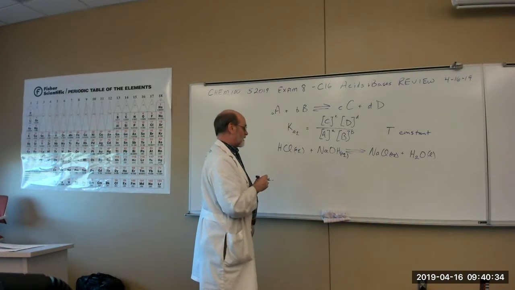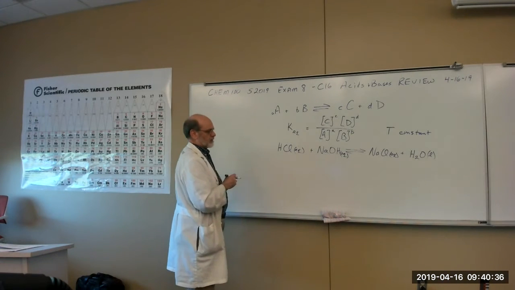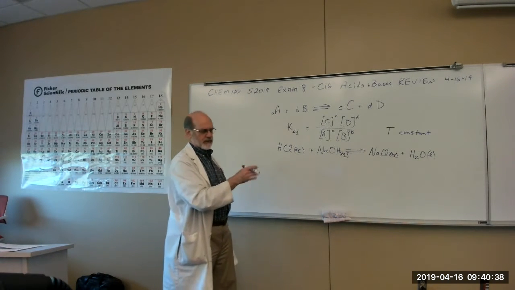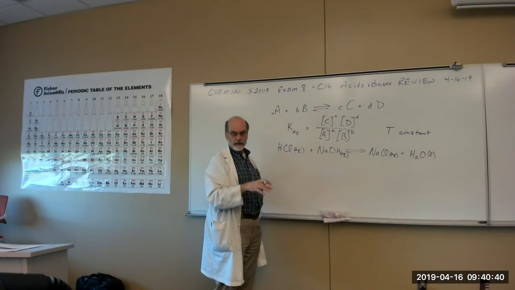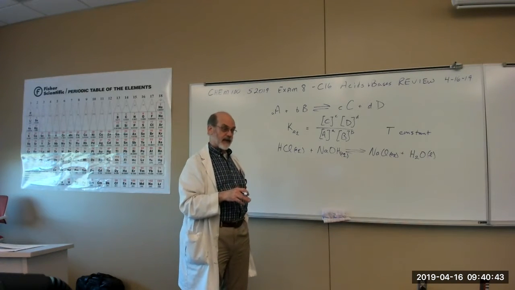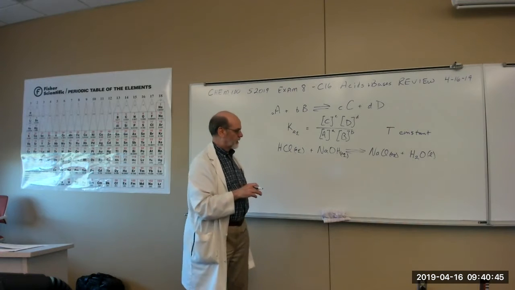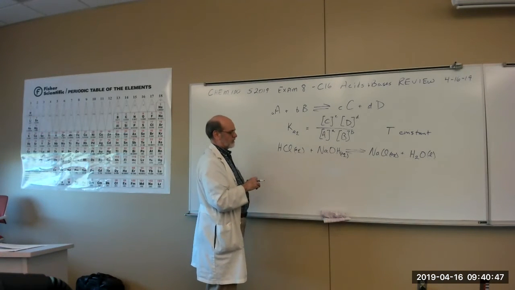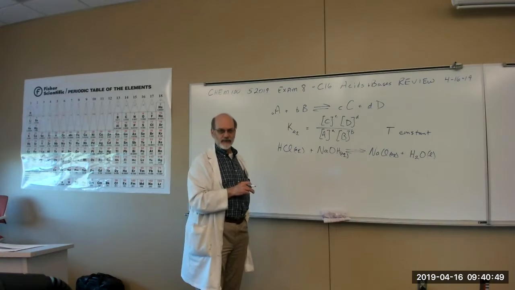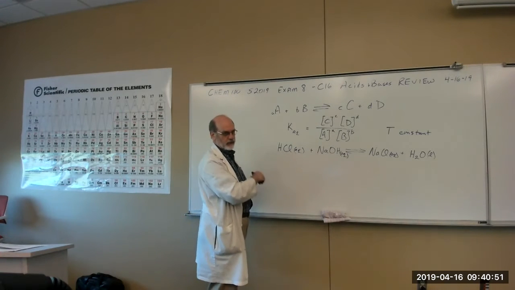Now, we're going to be discussing acids and bases in aqueous solution only, right? Acid-base reactions can occur in non-aqueous solution, but that's not very useful in the life sciences. Everything happens in water.